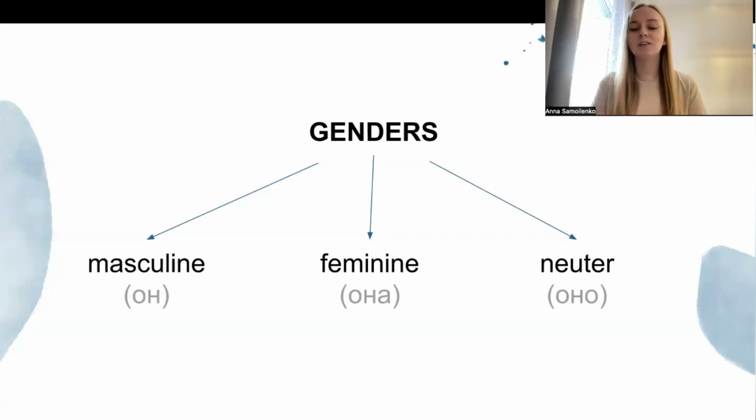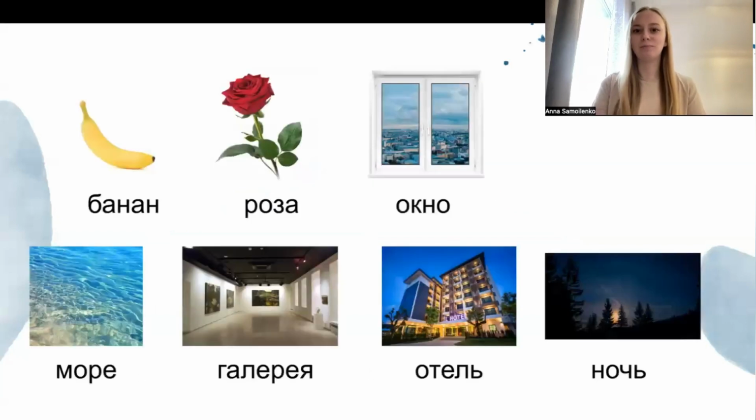But in Russian, it's a little bit different. We assign genders to all nouns, and it doesn't matter if they are animate or inanimate. For example, if we take the French language, you can also find this system, I would say.